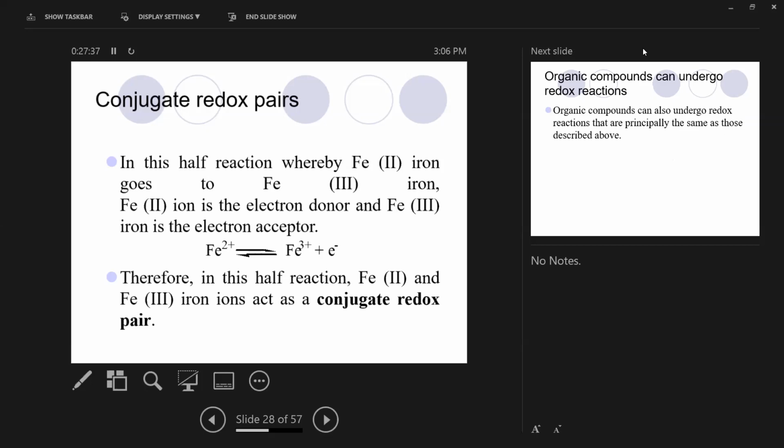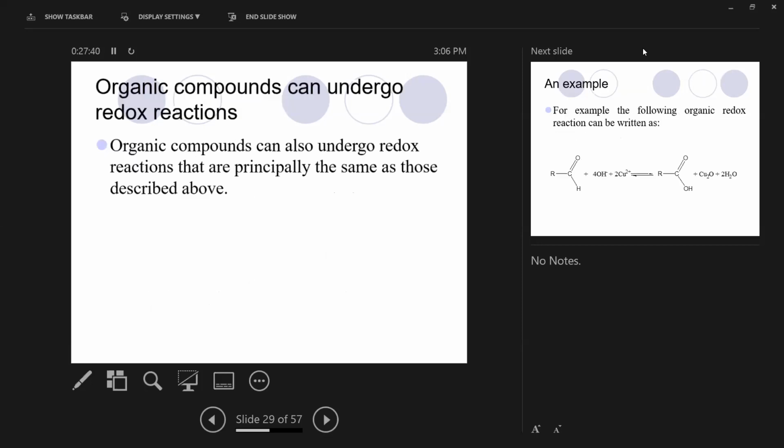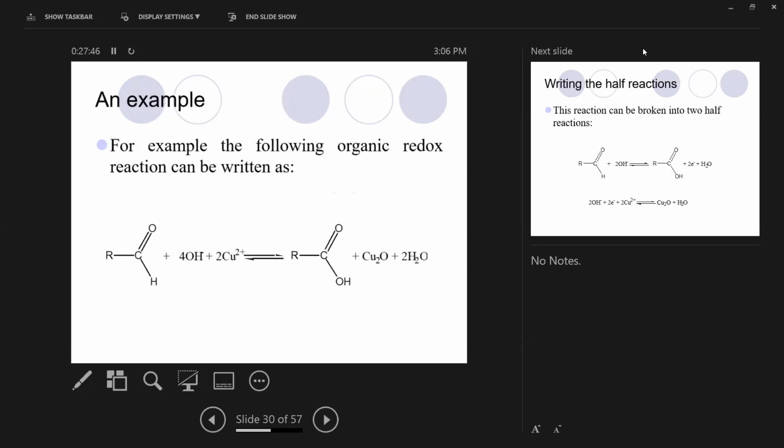You bet your femur they can. It's the same sort of principle as previously described. So we have this aldehyde. This aldehyde is going to be oxidized, and it will be oxidized to a carboxylic acid. So can you write the half reactions for this? Go ahead.